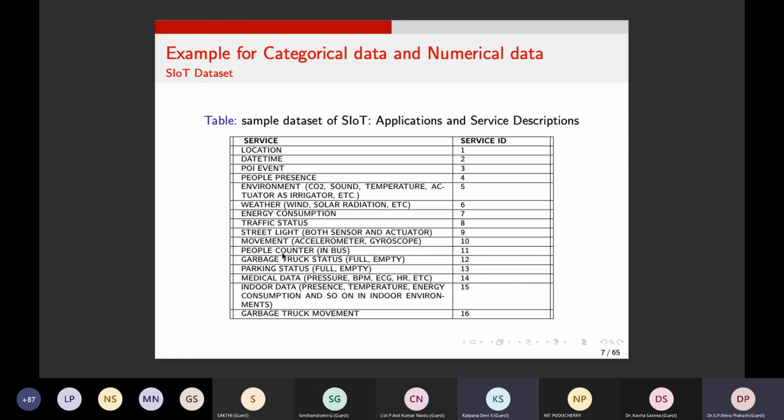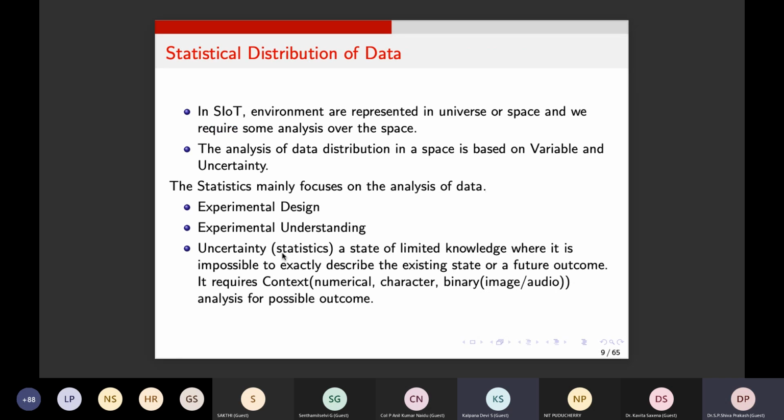Similarly, when we try to perform statistical analysis on these data, we have to understand the distribution of these data, how this data has been distributed. So in SIoT, the environment is represented as a universe or a space where we are trying to perform some analysis.